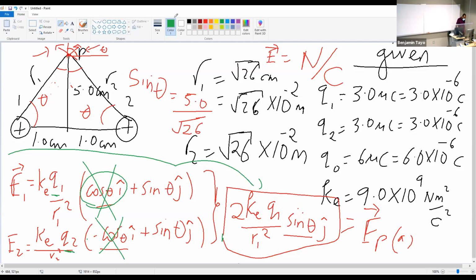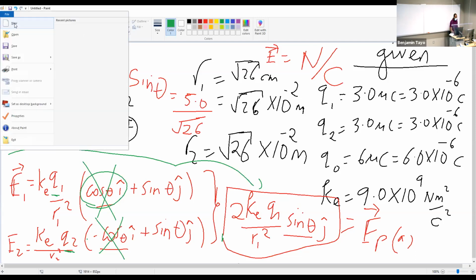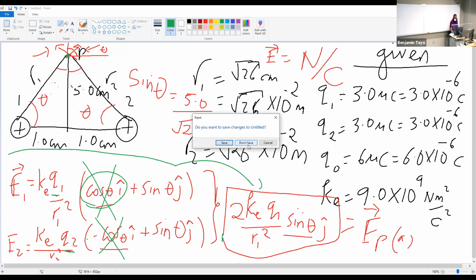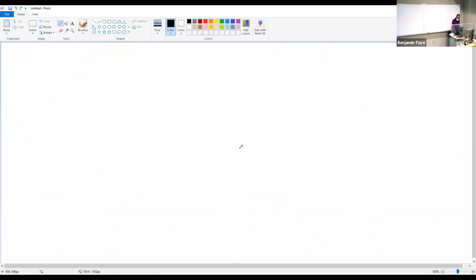It says, why is the second cosine negative? The second cosine is negative because, again, let me open a different picture here. This is my Q1 and this is my Q2.